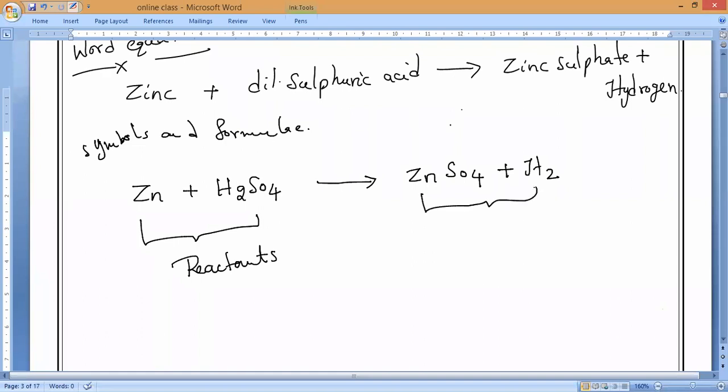And after the arrow, we call them products.